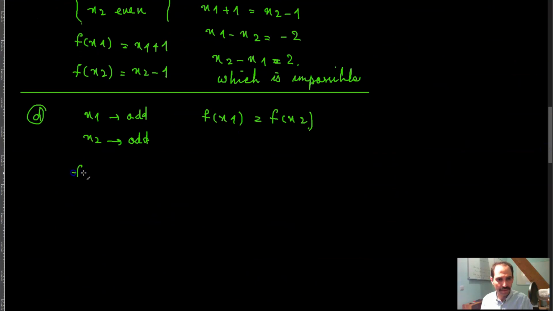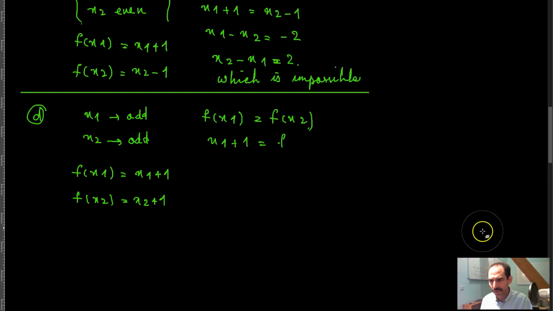So f of x1 is equal to x1 plus 1, and f of x2 is equal to x2 plus 1. Which means that x1 plus 1 is equal to x2 plus 1, so x1 is equal to x2, which means that f is 1-1.